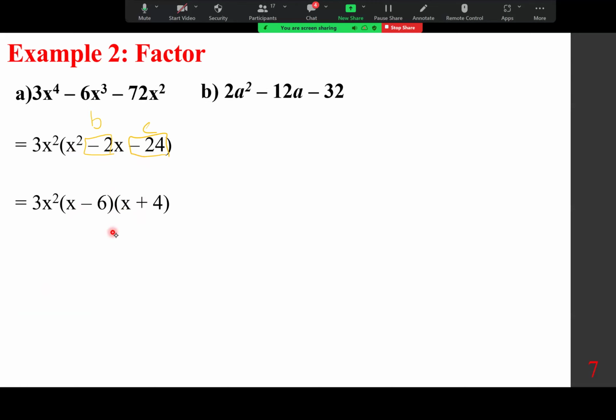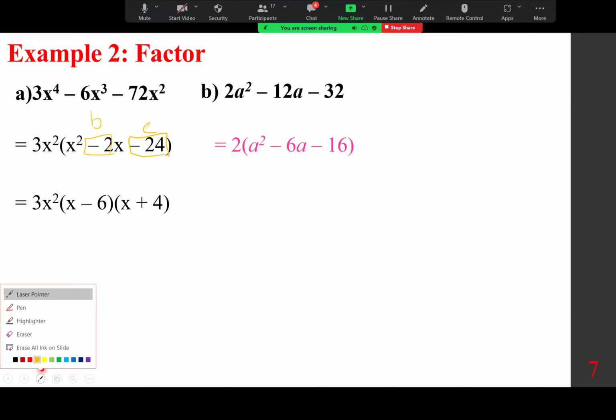Here's the next one, and hopefully everybody can clearly see number 2 is in common, so we can take out the 2. We get a squared minus 6a minus 16. Here's C. Here's B. We want two numbers. The product is negative 16 or C. The sum is negative 6.